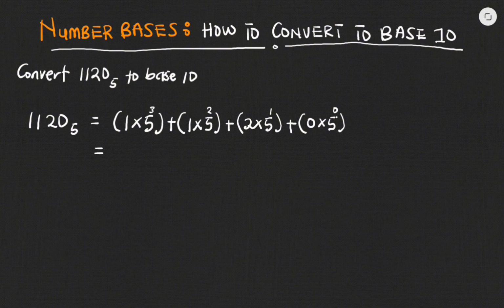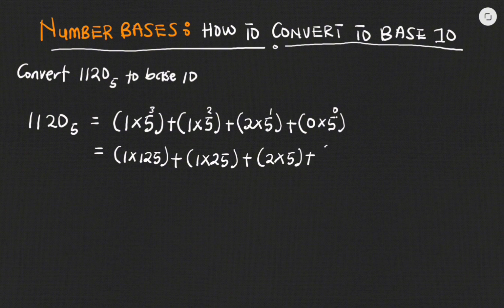From here, all we have to do is expand each bracket and then add the results. 1 multiplied by 5 raised to the power 3 gives 125, plus 1 multiplied by 5 raised to the power 2 gives 25, plus 2 multiplied by 5 raised to the power 1 gives 5, plus 0 multiplied by 5 raised to the power 0, which is 1, since any number raised to the power 0 is 1.